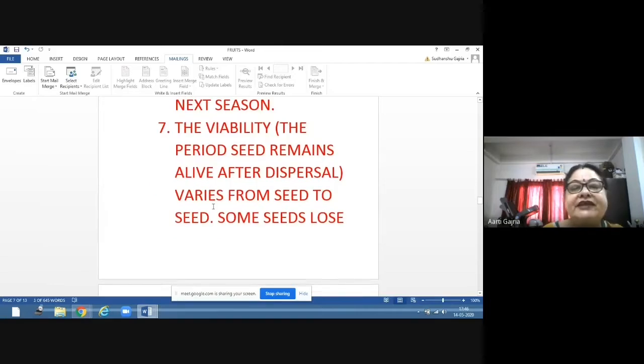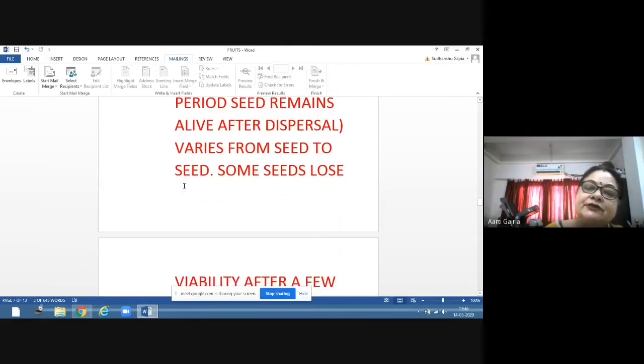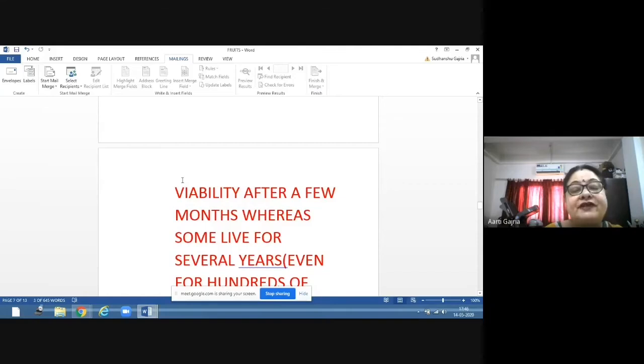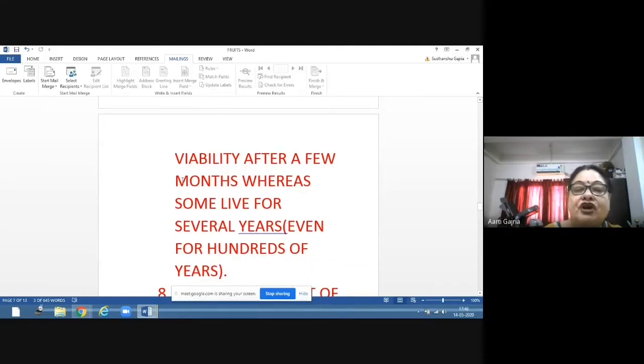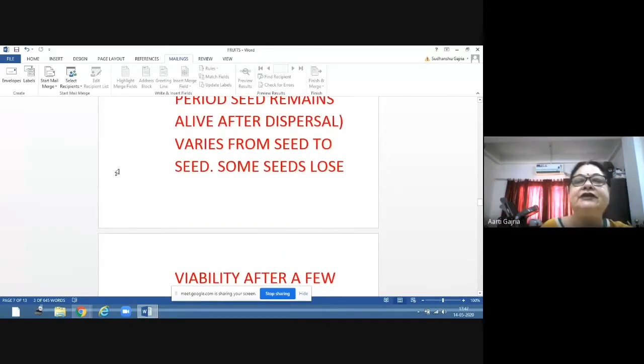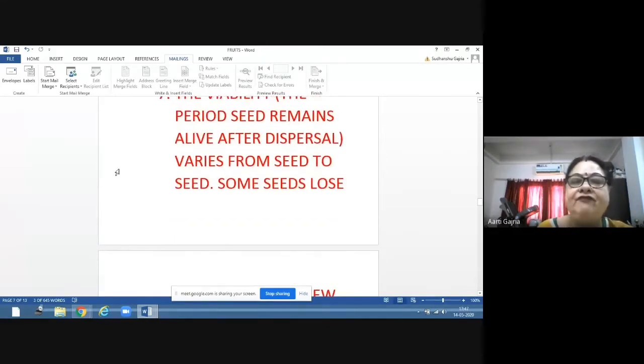This varies from seed to seed. Some seeds lose their viability after a few months, whereas some live for several years, even for hundreds of years. It is called seed viability. Viability is the period where the seed remains alive after dispersal from the parent plant.